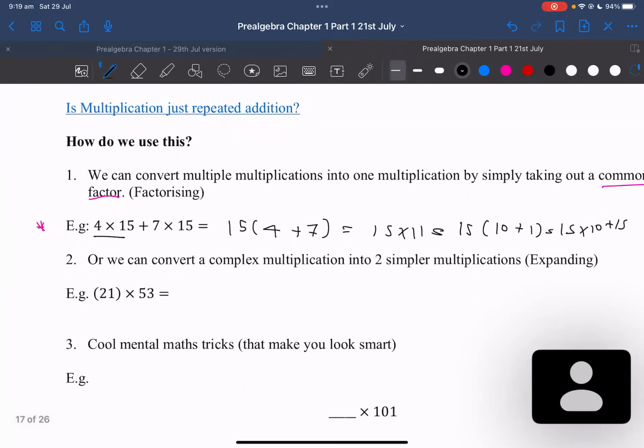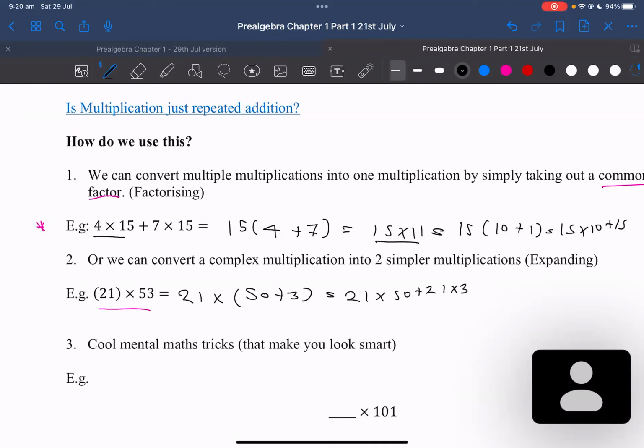Or, like I showed here, it's not too complex, but something like this is pretty complicated: 21 times 53. What we can do is split it up. How can we split this up to make it easier? 50 plus 3. Right, because multiplying by 50 is really easy. It's just multiplying by 5, then you get a 0. So you do 21 times 50, plus 21 times 3.